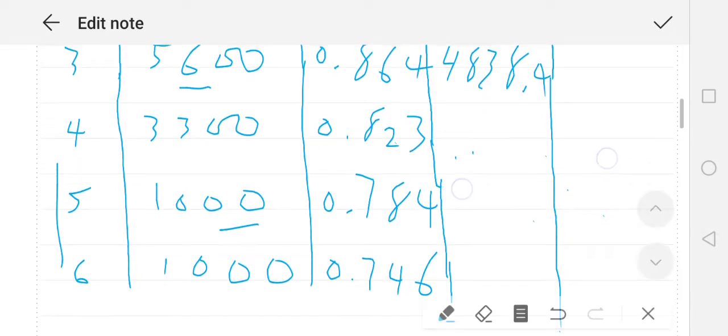Year 4 we have 3,300 times the discount factor, which is 0.823, and we are going to have 2715.9.